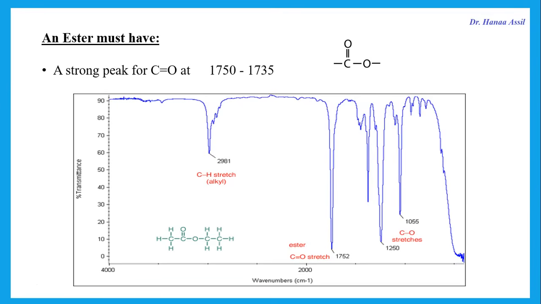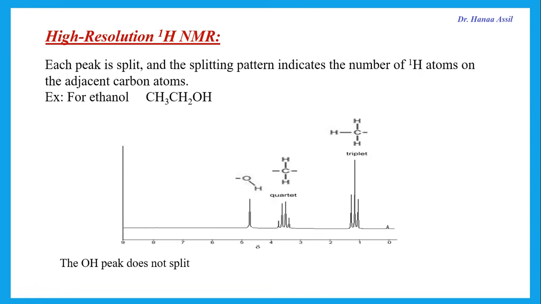If we're looking at the proton NMR, remember that the height of the peak is an indication of how many protons give this peak, and the splitting is an indication of how many protons are on the neighboring carbons. So if we're looking at ethanol, first of all, remember the peak for the OH does not split, so we have a singlet at around 4 point something for the OH.